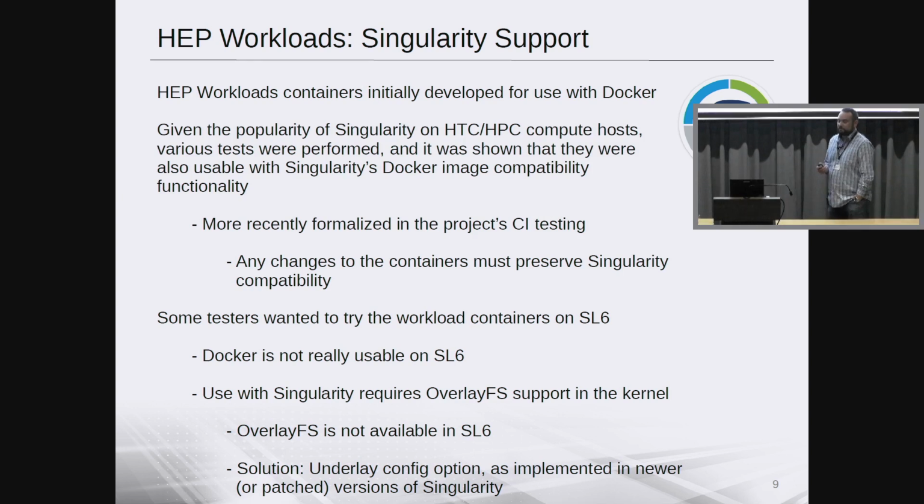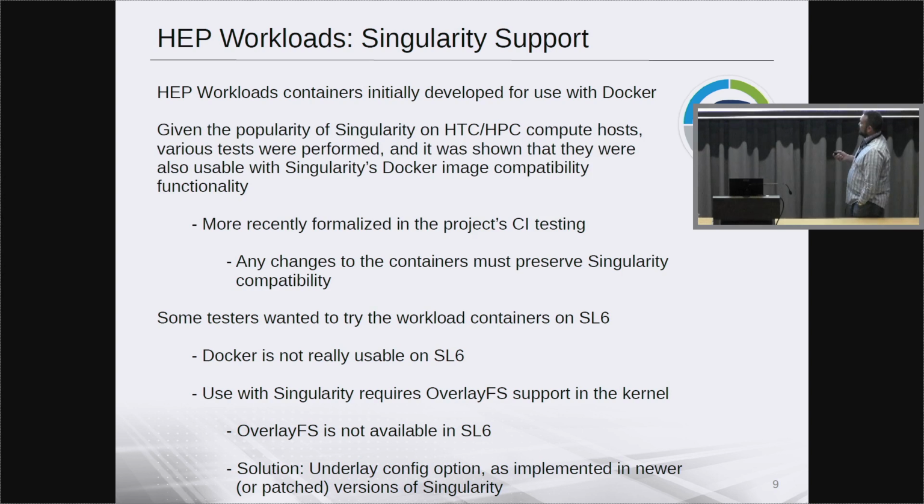One of the reasons we really wanted to get this Singularity working is we had some users who wanted to test on SL6, and with newer versions of Docker, this is basically impossible. You can't run on SL6. With Singularity, it is possible to run on SL6 with setuid, but you do need OverlayFS support to run these containers because of some missing directories.